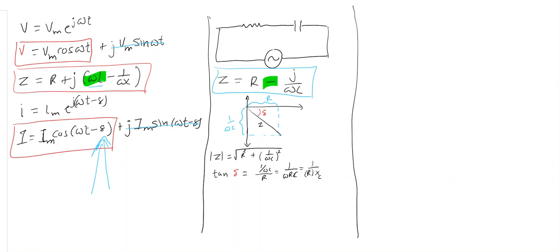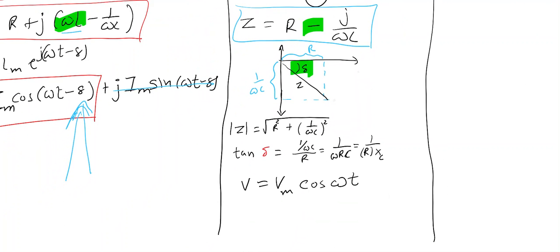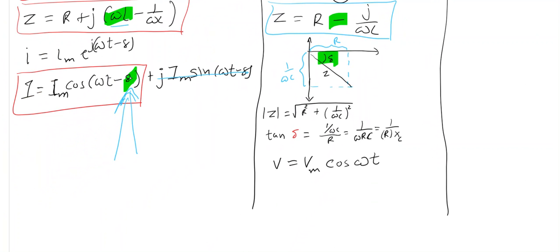Now I can write that V is Vm cos omega t, and from this graph I realize that delta is negative. In this equation, if I take negative delta, I will end up with I equal to Im cos omega t plus delta.